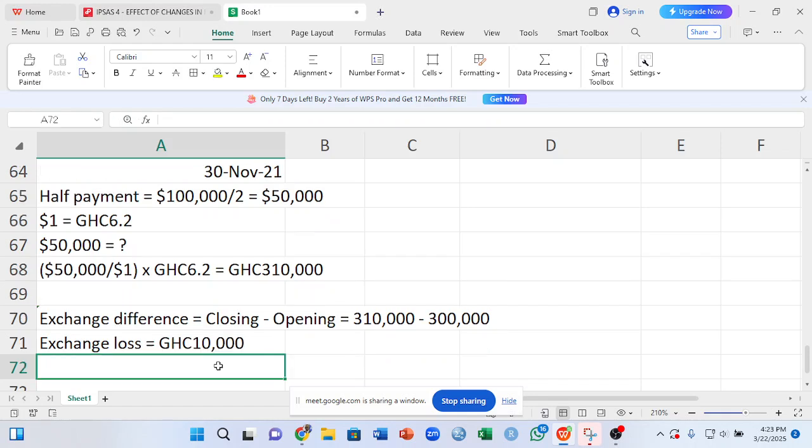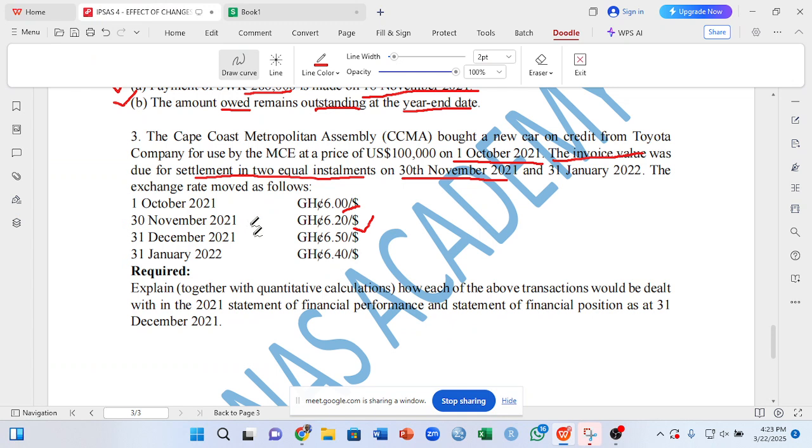Awesome. So this is clearly the exchange loss at this date. Are we fine with this one? So this is for 30th November 2021.